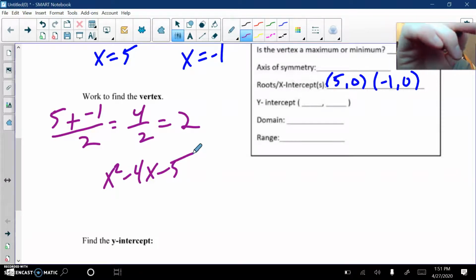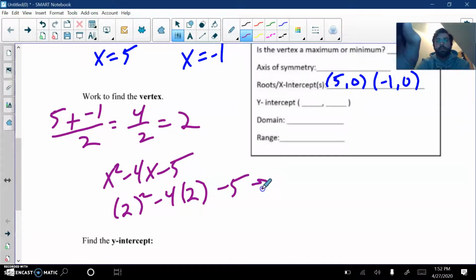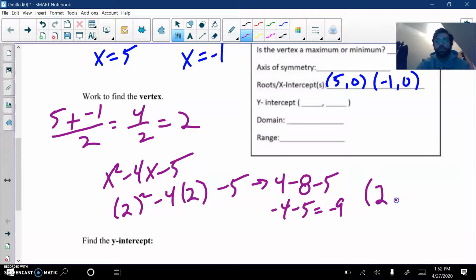Now it's 2 squared minus 4 times 2 minus 5. 2 squared is 4, 4 times 2 is 8, and 4 minus 8 is negative 4, minus 5 is negative 9. So my vertex is (2, negative 9).